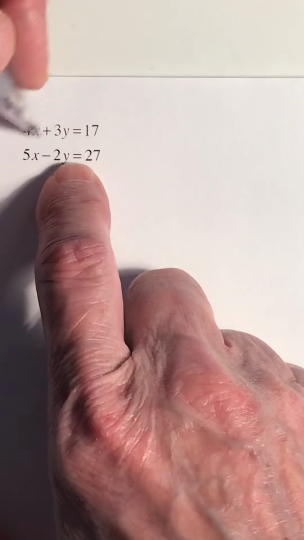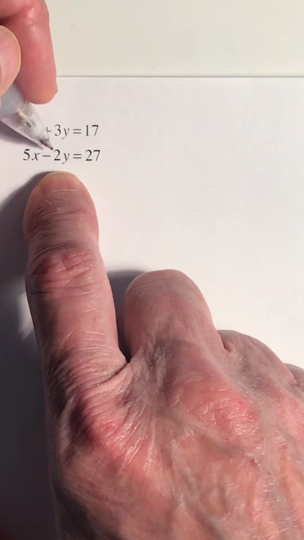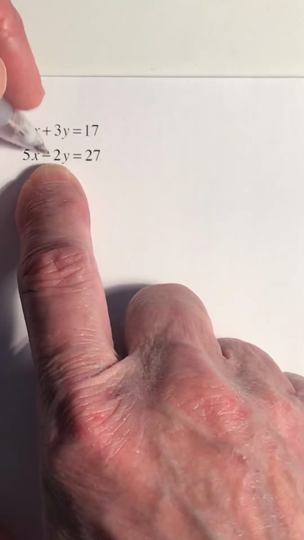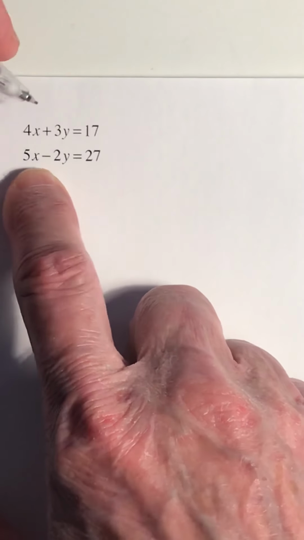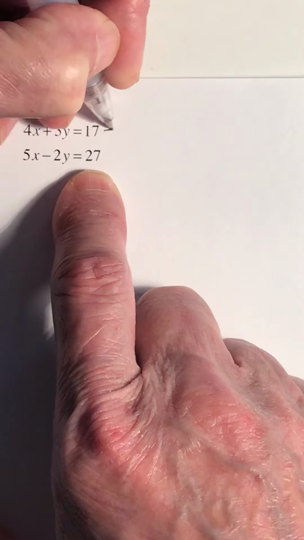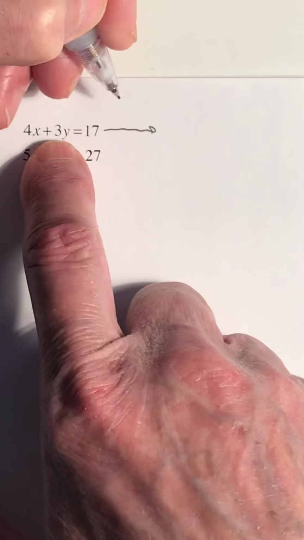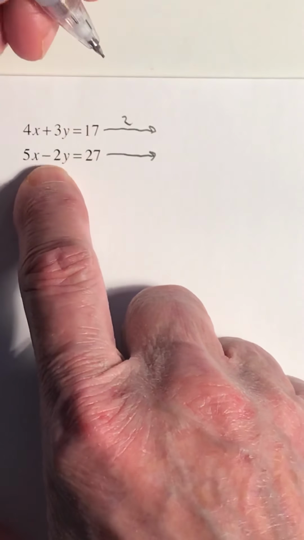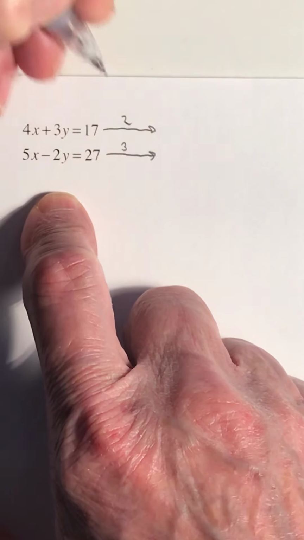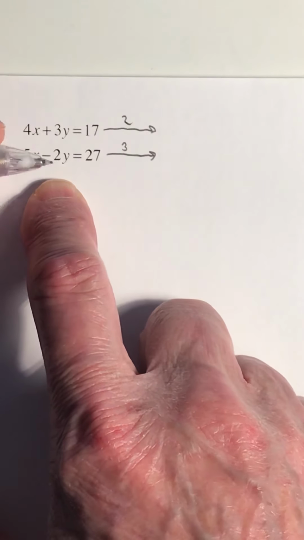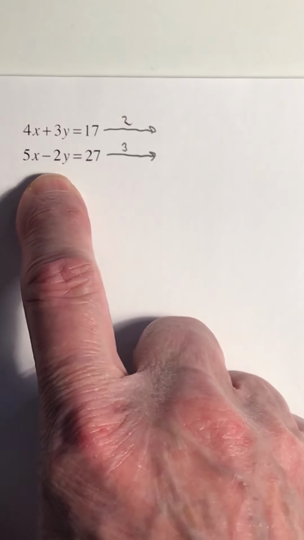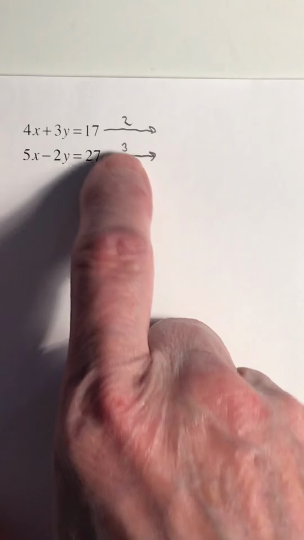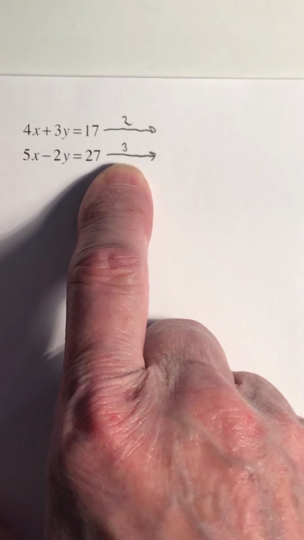So let's make this a positive 6 and make this a negative 6, since the signs are already nicely opposite. I'll make this into a 6 by multiplying by 2. I'll make this into a negative 6 by multiplying by 3.